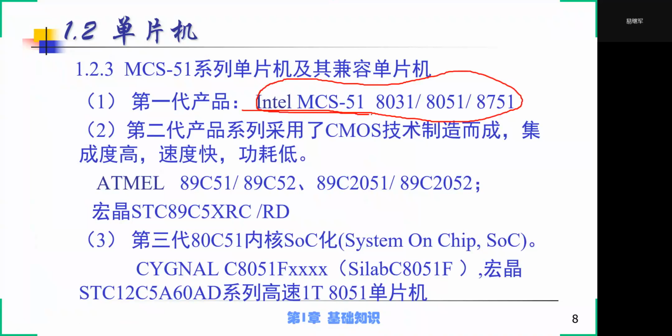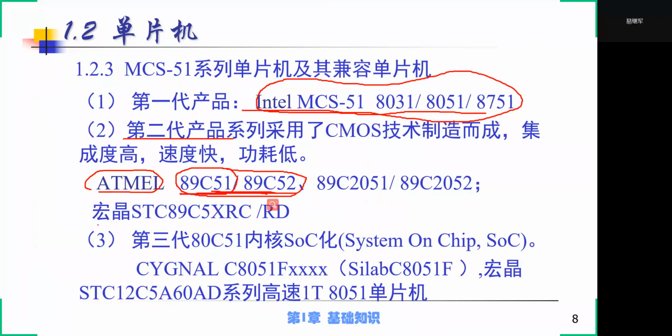Now you cannot buy this first generation. This is the second generation: 89C51, 89C51 or 89C52. I suggest if you want to buy some microcontroller, you can buy this type or this type.